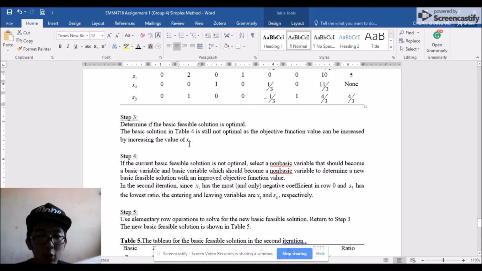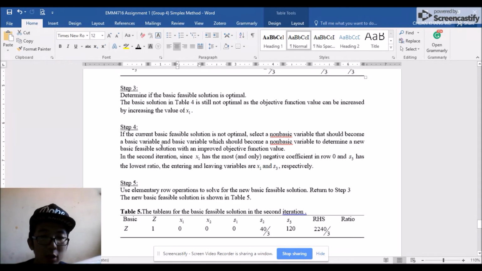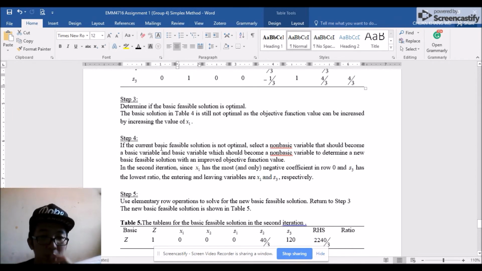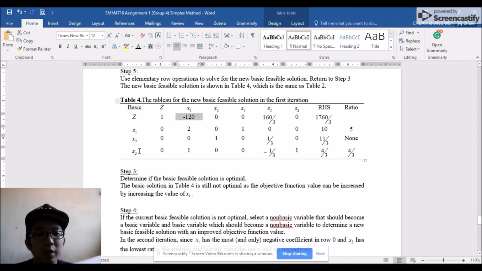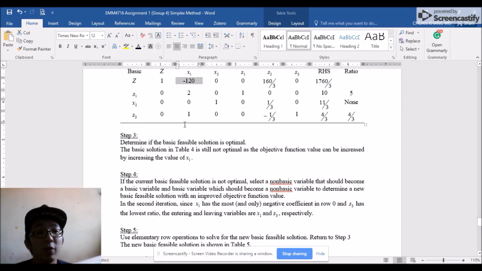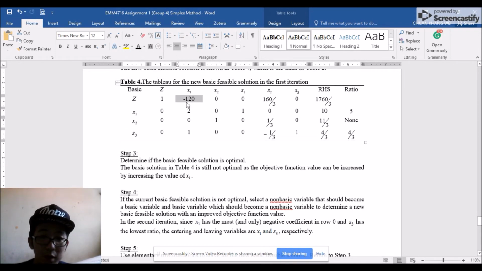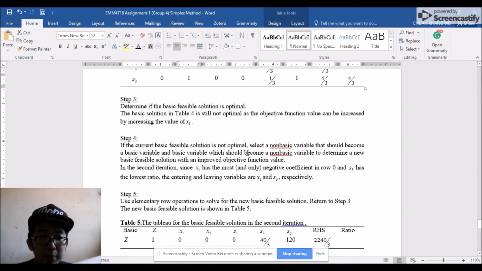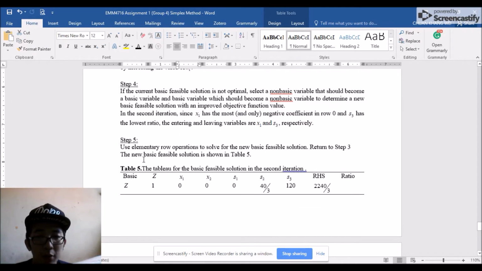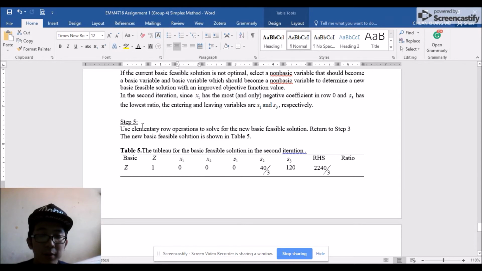By doing the ERO method, we use row 3 as row 3 double prime, so that we get new values, and based on that we get a new basic feasible solution in the second iteration. This is Table 5.